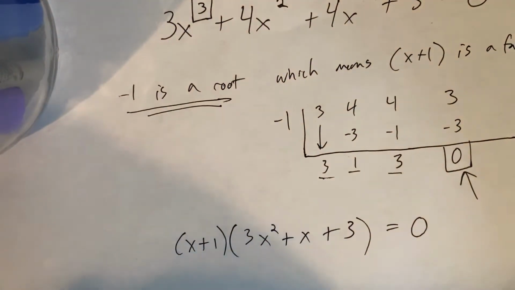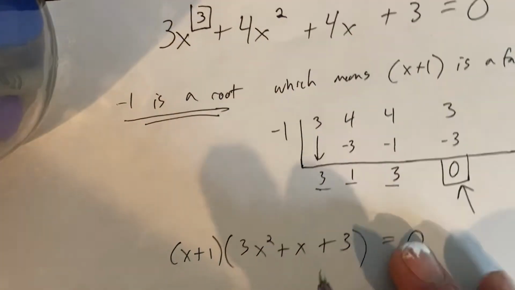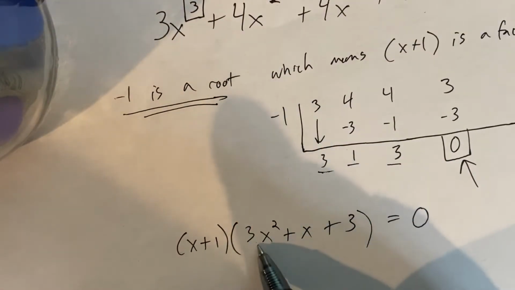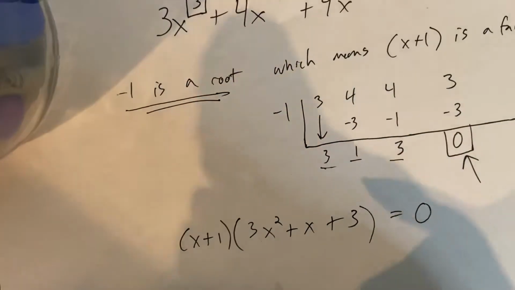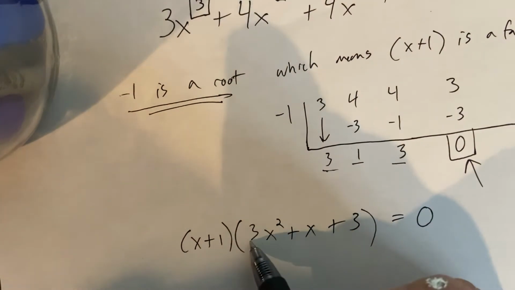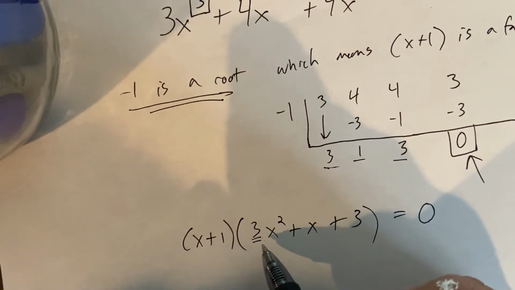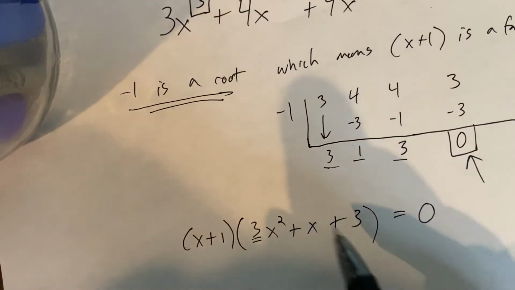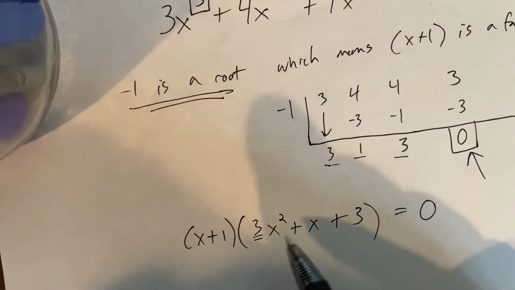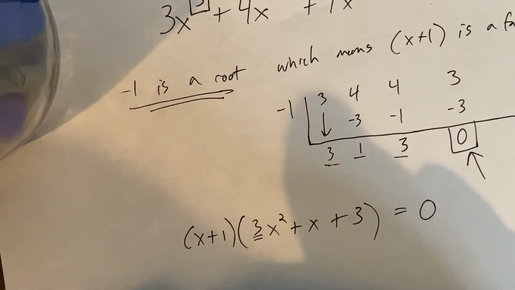And this is all still equal to 0. Now I look at this trinomial right here, and I see if maybe I can factor that now. It's a trinomial whose a value is 3, so I'd have to try AC. AC does not work. So since AC doesn't work, that means this doesn't factor any further.